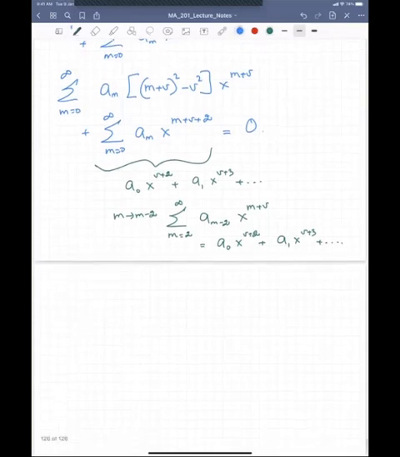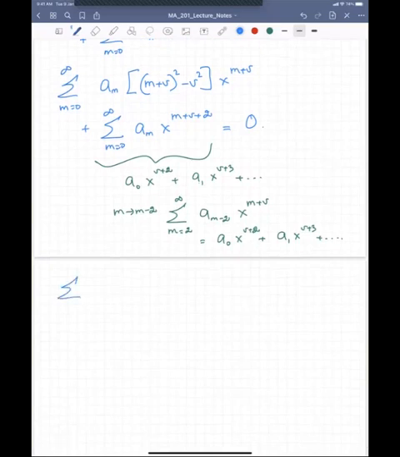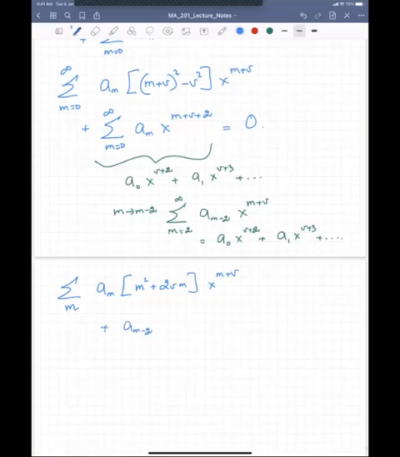Okay. So with this caveat, let me write this equation down in a form that helps us to understand the recursion relation easily. So (m plus nu) squared minus nu squared, this term is basically (m squared plus 2 m nu) x to the m plus nu, plus a_(m minus 2) x to the m plus nu equals 0.